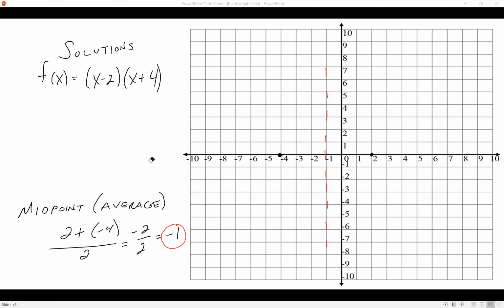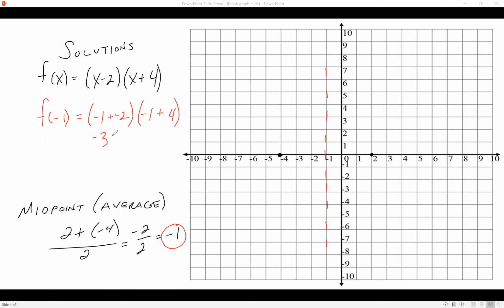All right, so in order to find the vertex, I'm going to take this negative 1 right here, and I'm going to plug it in for x, because I know that's the x value of my vertex. So negative 1 minus 2 and negative 1 plus 4, right? So what's negative 1 minus 2? Well, let's do our 2 marks.